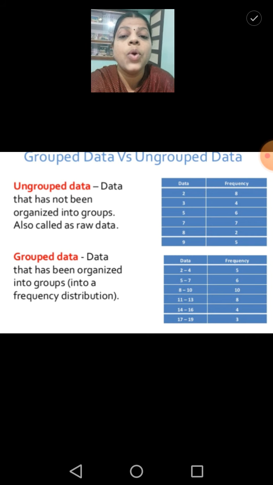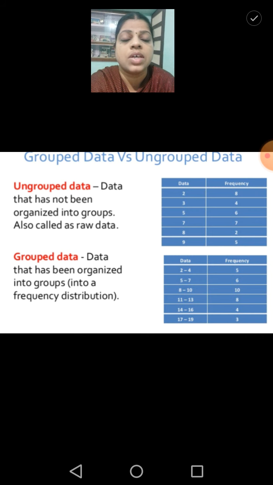Whereas grouped data means the data that has been organized into groups. When the data is given, we have to find its frequency, form a column, and find how many times each value repeats, and form the frequencies of such data.